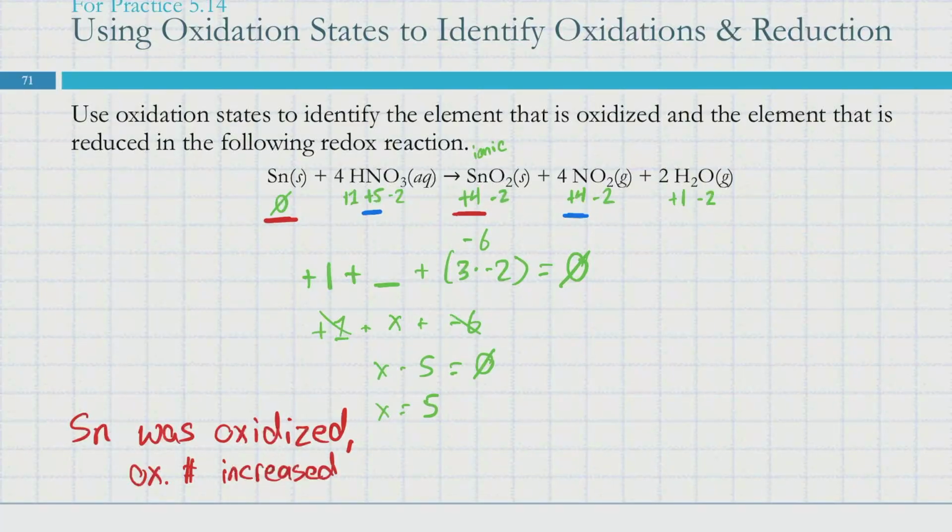Also, because it went into an ionic compound, we could see from that that it lost electrons, because it went from tin to tin 4+.